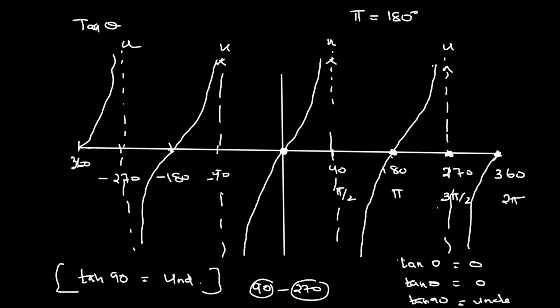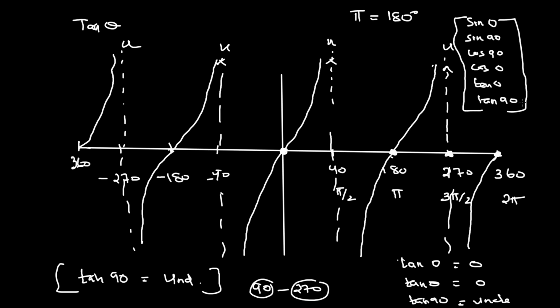So that's it for the introduction in terms of how you obtain these graphs and the values. You should be able to easily know what sine 0 is, sine 90, cos 0, cos 90, tan 0, and tan 90. And from these, you should be able to get quite a bit of the values.